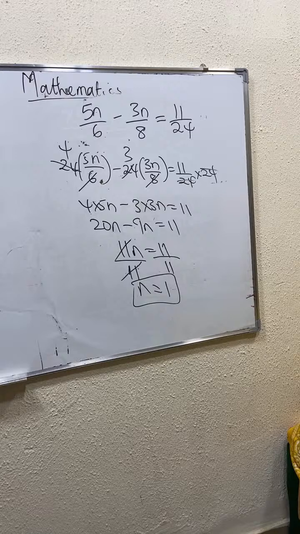So the next thing I did: 4 times 5 is 20n, and 3 times 3 is 9n. That's why you're seeing that 9n there. And that's equal to 11. 11 and 11 cancel out. I am now left with 1. So the answer is actually 1.